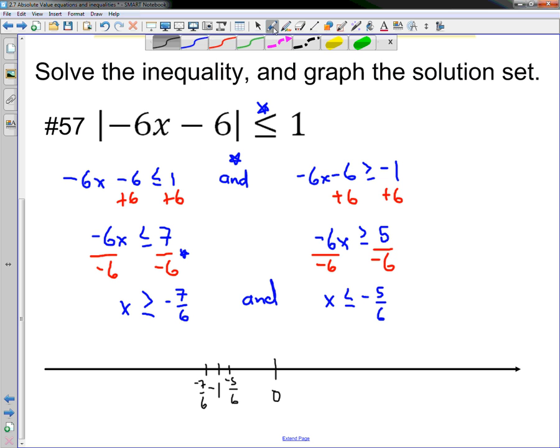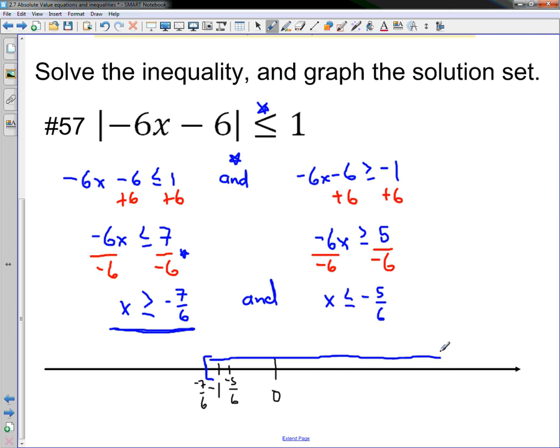And let's graph our first one here. So we're greater than or equal to negative 7/6. So I have a bracket at negative 7/6, and I'm greater than. We go ahead and graph less than or equal to negative 5/6.